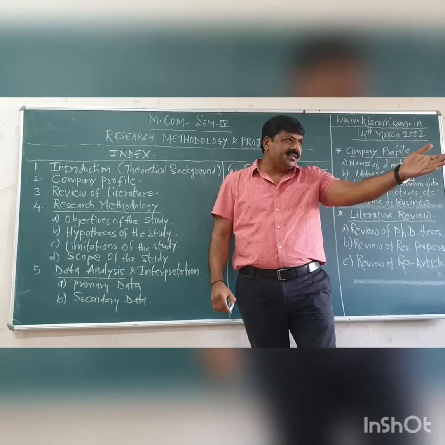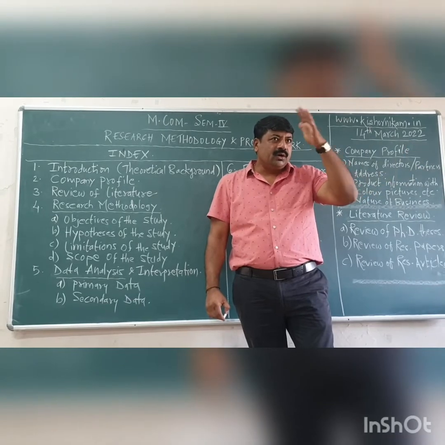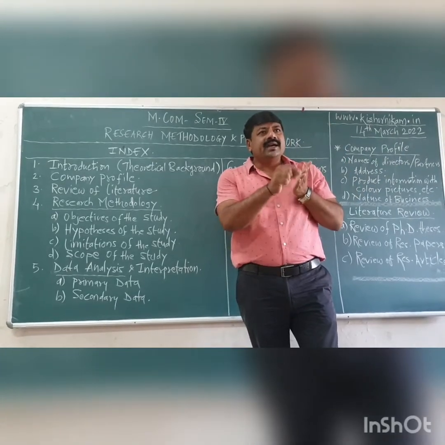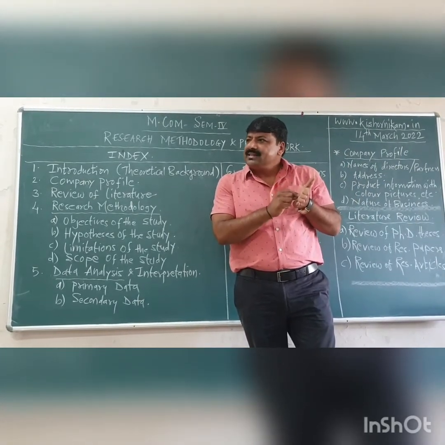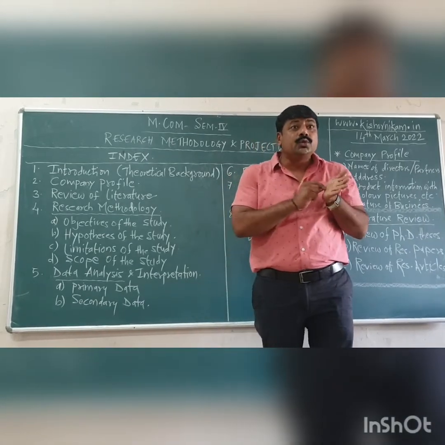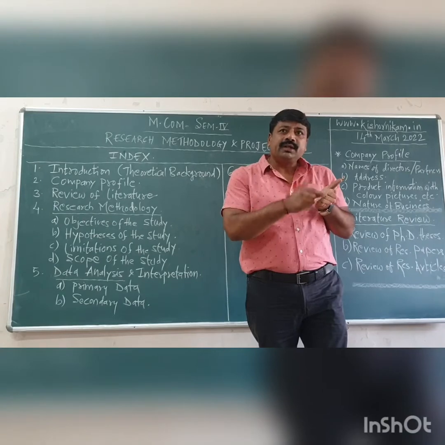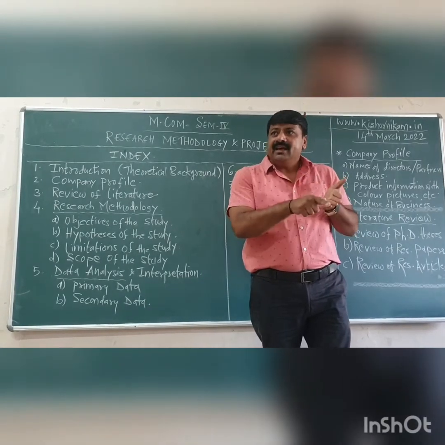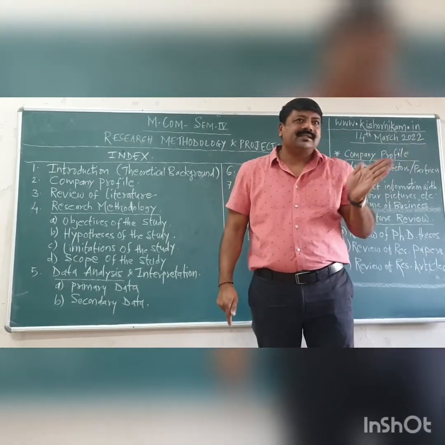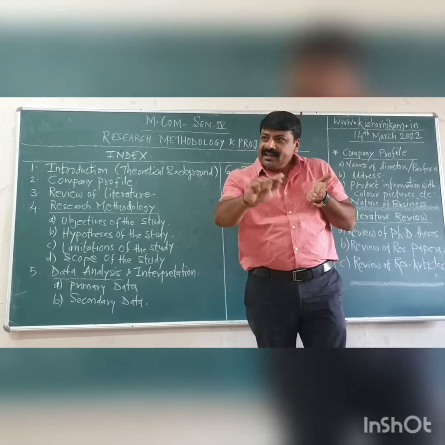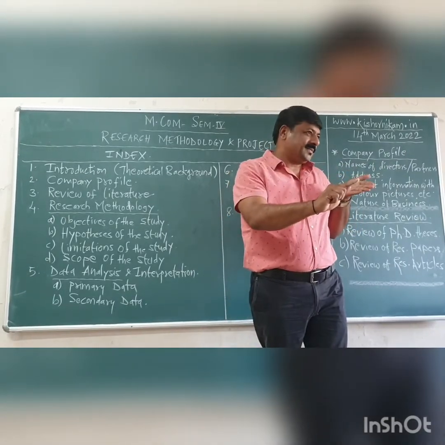For a ratio analysis project, you shall start the sentence with the words 'to study': to study the effectiveness of ratio analysis in financial statement analysis; to study the different types of ratios.